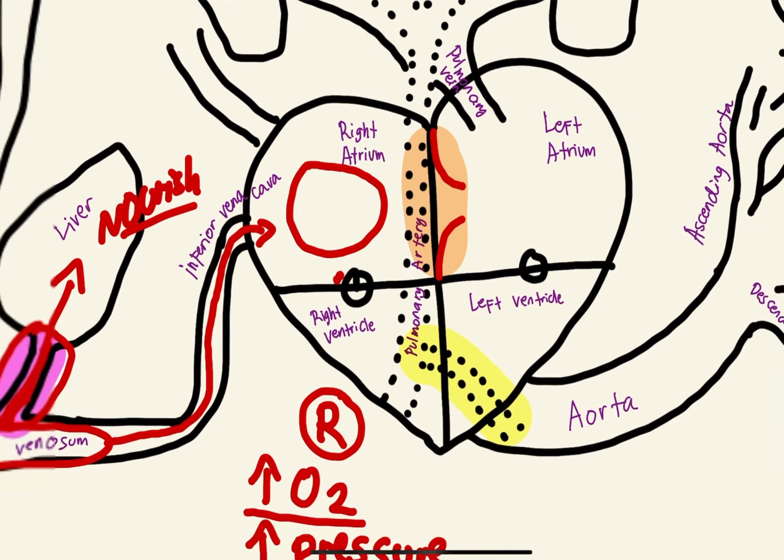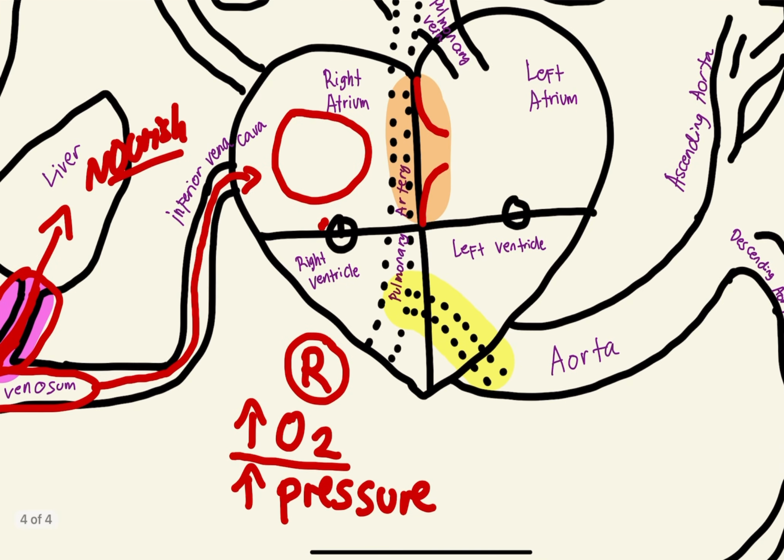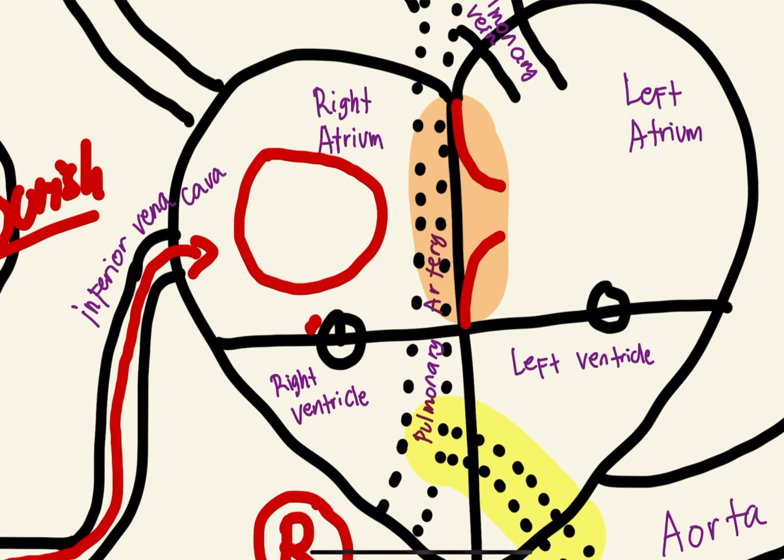Okay? So, dahil sa sobrang taas ng pressure on the right side of the heart, yung dugo, madidivide po yan. Okay? Into 3. So, what happens? Yung 2/3 of the blood that is oxygenated, okay po ba?